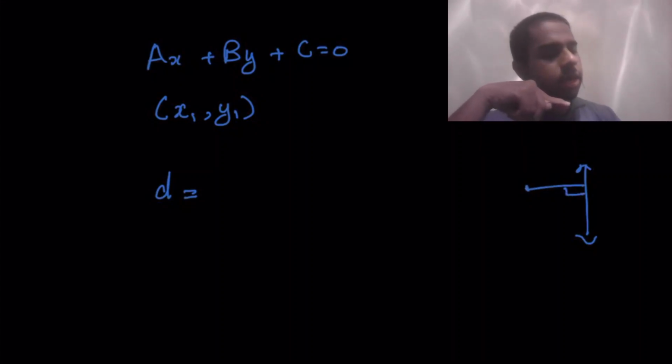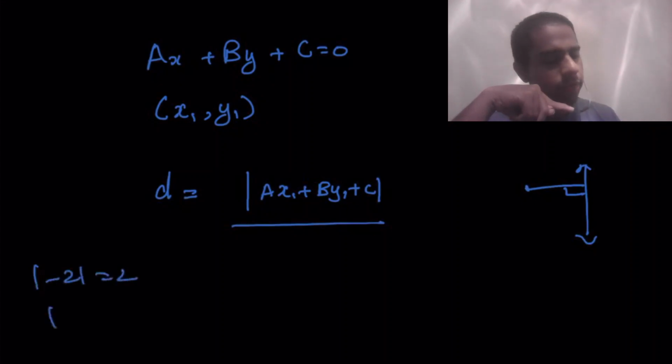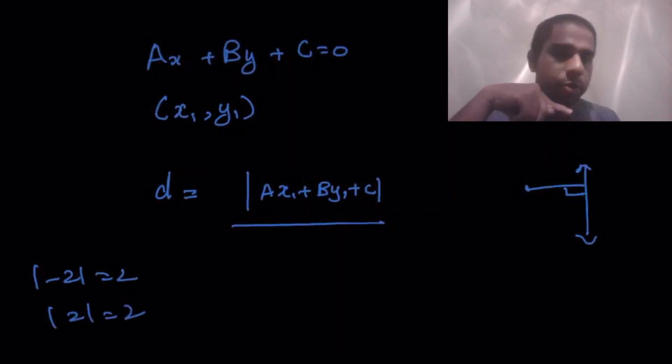So d is given by: you substitute the point (x1, y1) in the expression ax1 + by1 + c, and take the modulus. Modulus means the absolute value. The absolute value of -2 is 2; the absolute value of any negative number becomes positive, and the absolute value of a positive number is also positive.